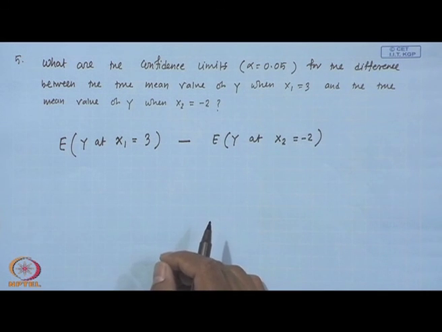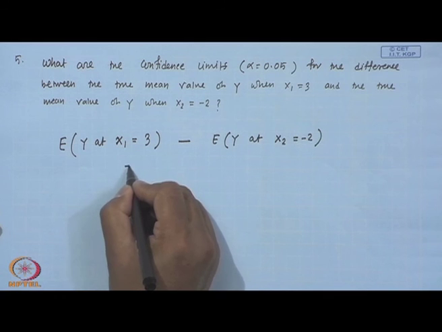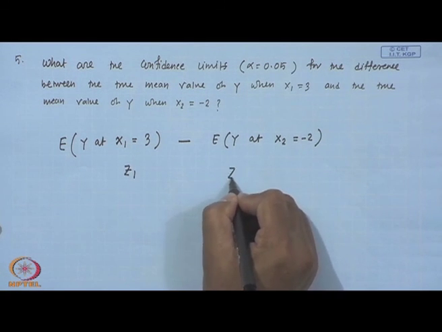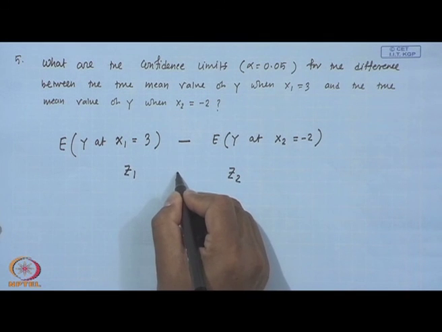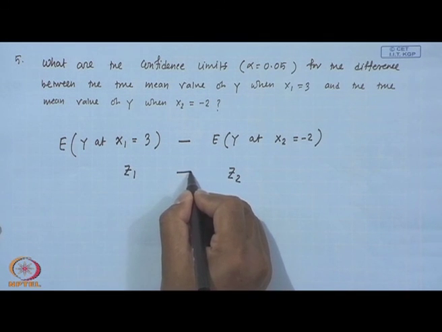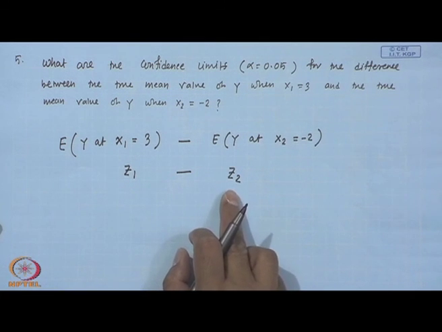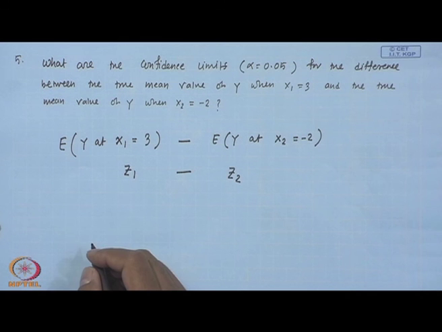Okay. So, if I call this one Z 1 and let me call this Z 2, what are the confidence limits for Z 1 minus Z 2.